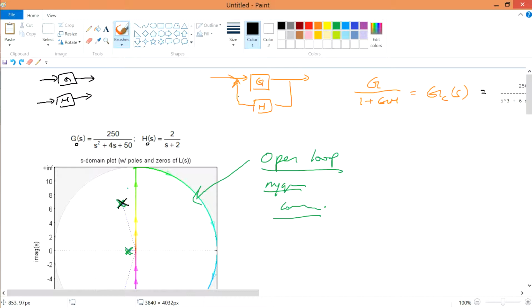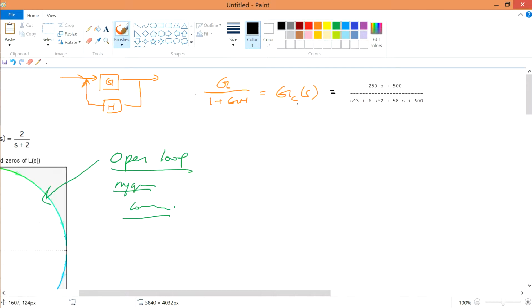To see whether it is unstable, we will combine G and H together in a closed loop system like that. This one is the forward loop, and this is actually the closed loop transfer function: the forward loop G divided by 1 plus GH, correct?